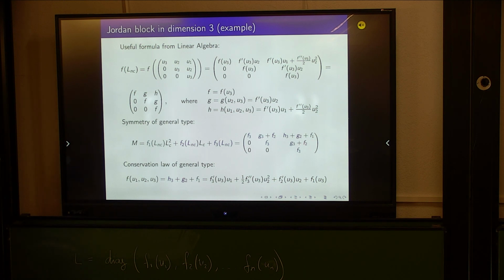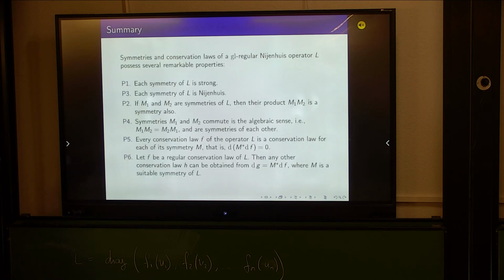It's no problem. There is a formula which explains everything. Okay, so now one more remark. You see that symmetries and conservation laws possess very many natural properties. I just summarized all that we've just discussed.